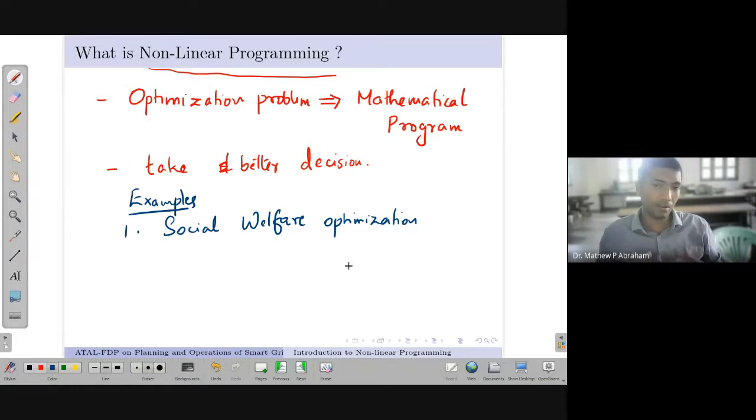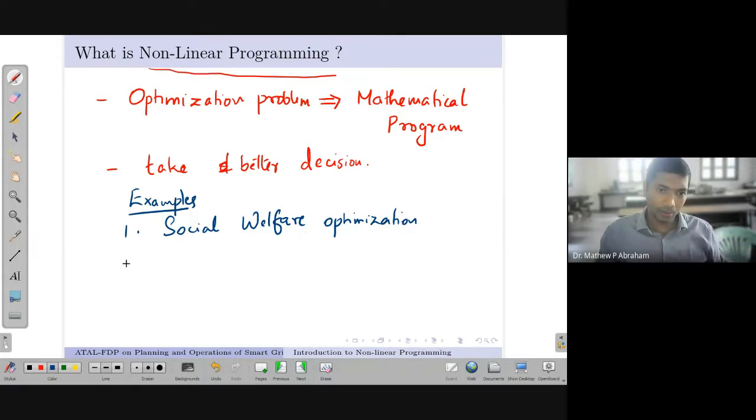Using the bids of sellers and buyers, the system operator runs a social welfare maximization problem, subject to constraints such as network constraints, generation limits, and so on. So the system operator is running a social welfare optimization problem to find the solution.